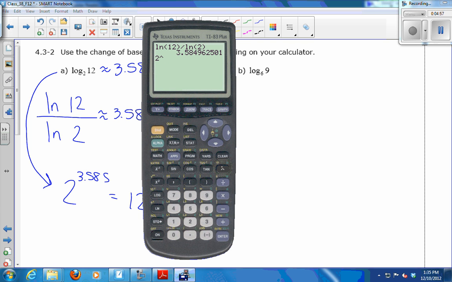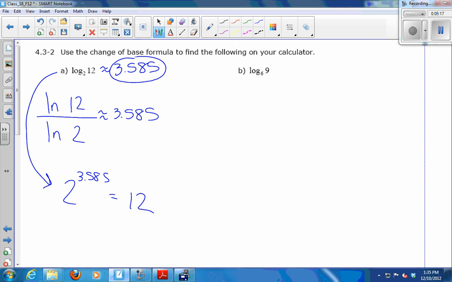So I do 2 to the, and instead of writing this rounded number, I'm just going to do previous answer so that I won't have any rounding. And I get 12. So that is the correct answer. That is the number that you raise 2 to get a 12.